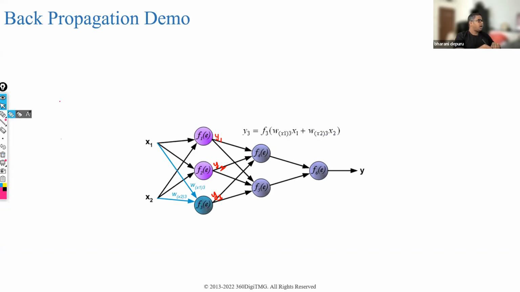Now what you do is, again, here also weights are randomly assigned. So this weight into Y1 plus this weight into Y2, this weight into Y3 will give you the integration component. Then pass that to the activation component and you get an output. Here you are getting Y4.